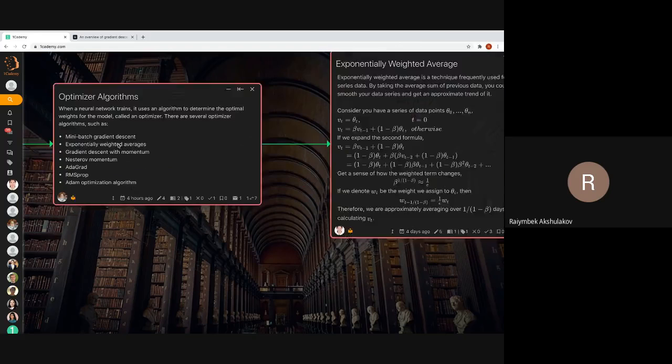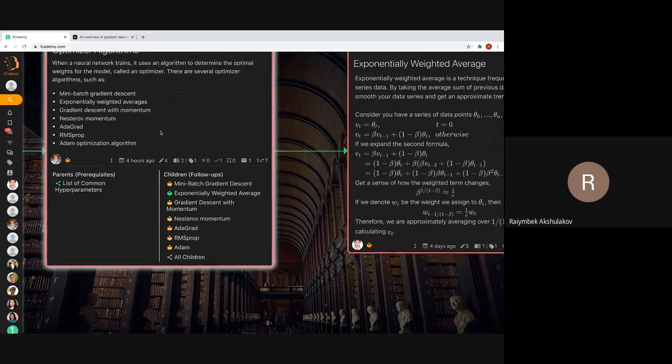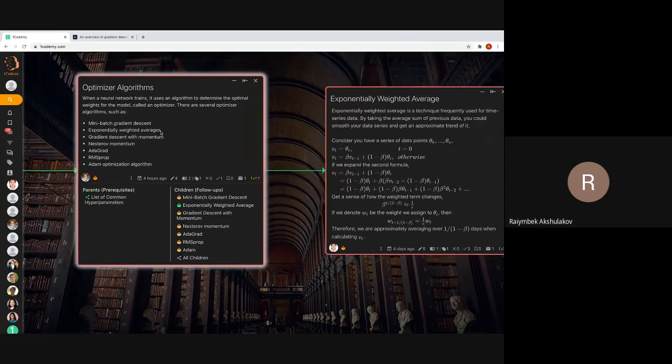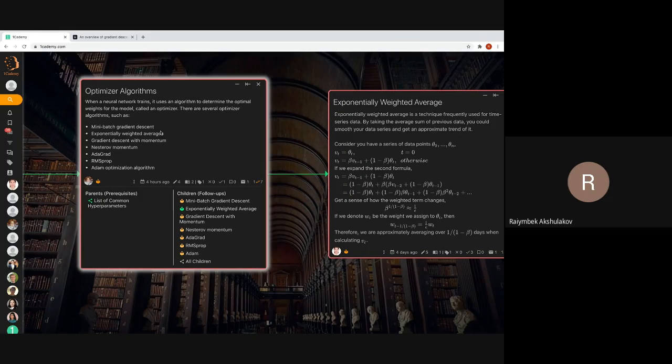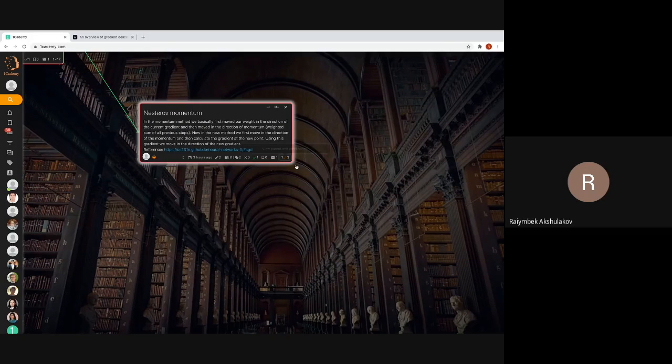Okay. So I saw this list of the optimizers. There's actually a lot of optimizers. I just added two also. So let me go with the first. We just talked about the momentum algorithm.